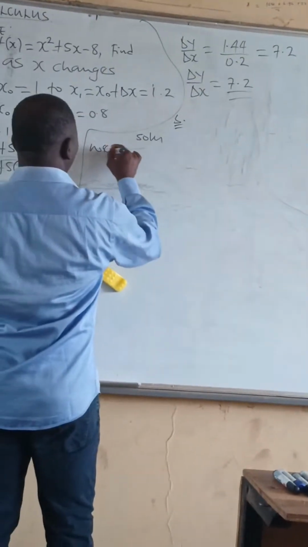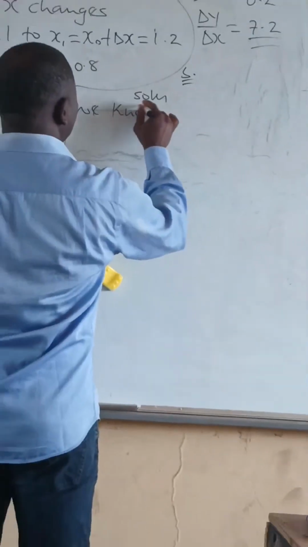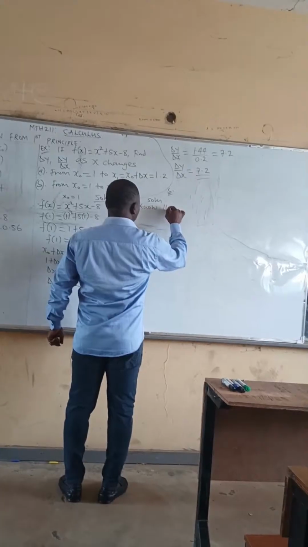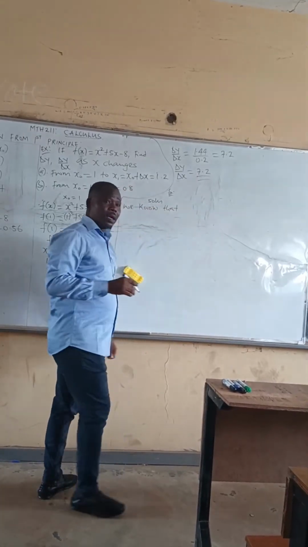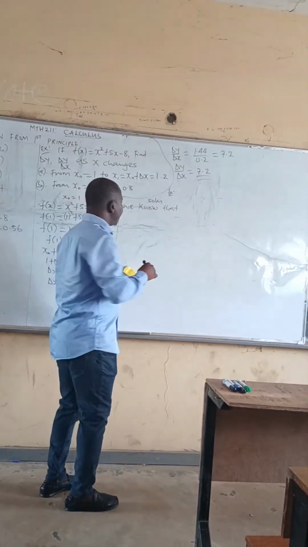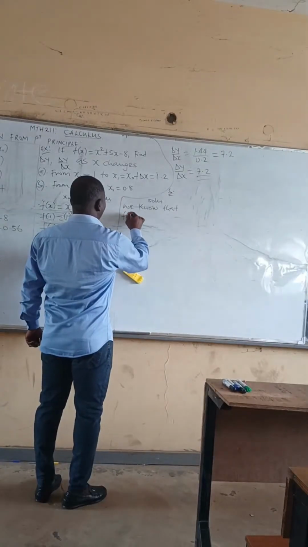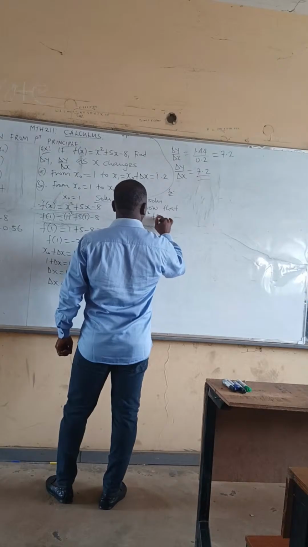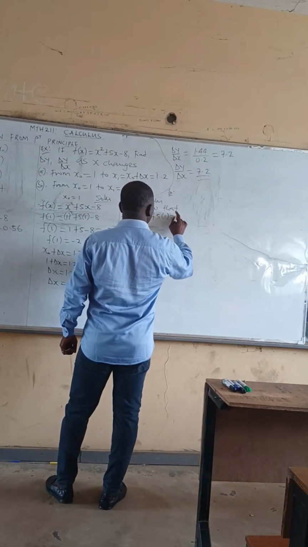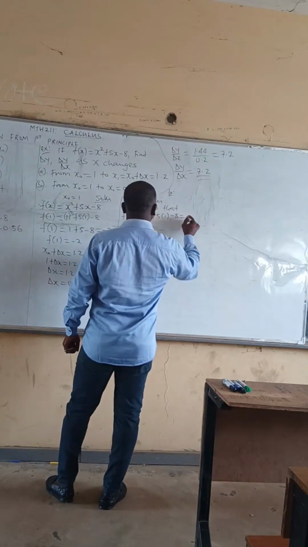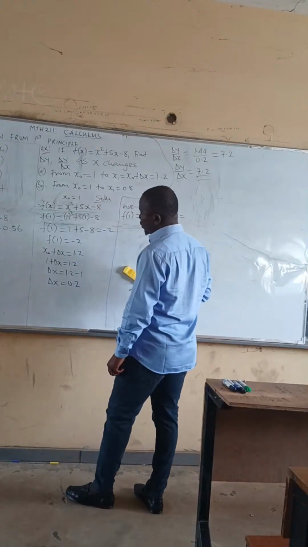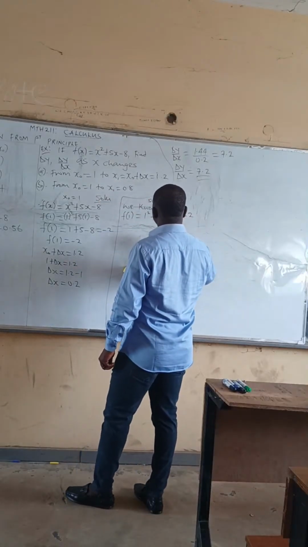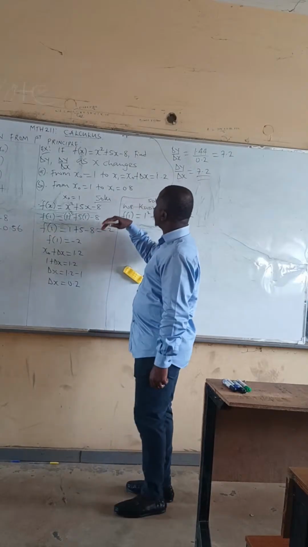We know that our f of 1 is equal to 1 squared plus 5 open bracket 1, minus 8, which is equal to minus 2, right? True or false?